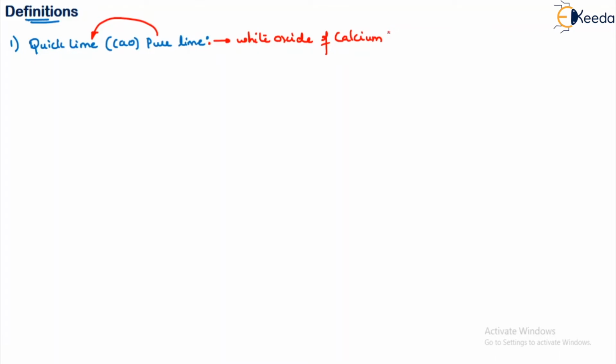Most of the quick lime which is commercially present in the market contains a greater or lesser quantity of magnesium oxide. Because of the presence of the magnesium oxide, generally the quick lime will be brownish in color, or it will have a grayish tinge to it.